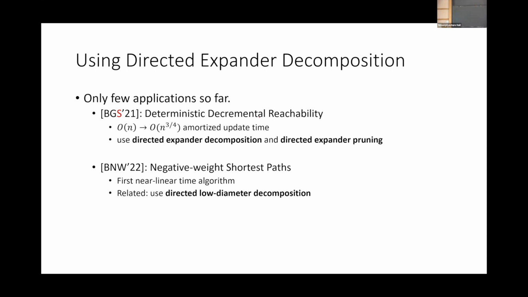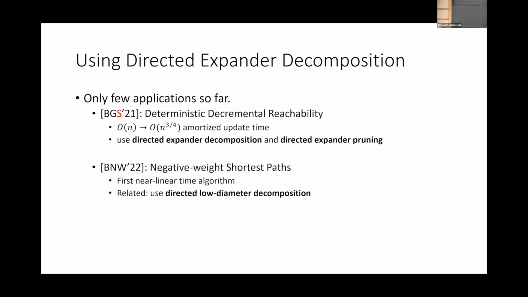By the way, I want to mention another recent breakthrough in the algorithms community, the problem of negative weight shortest path. People know how to compute shortest paths in graphs with negative weights using the Bellman-Ford algorithm from about 60 years ago, which takes quadratic time.